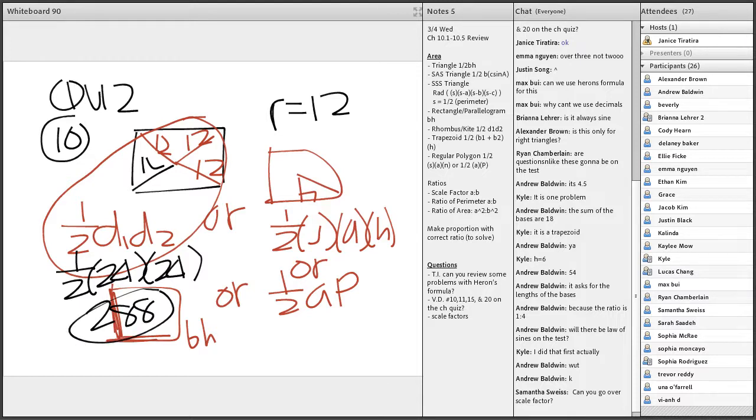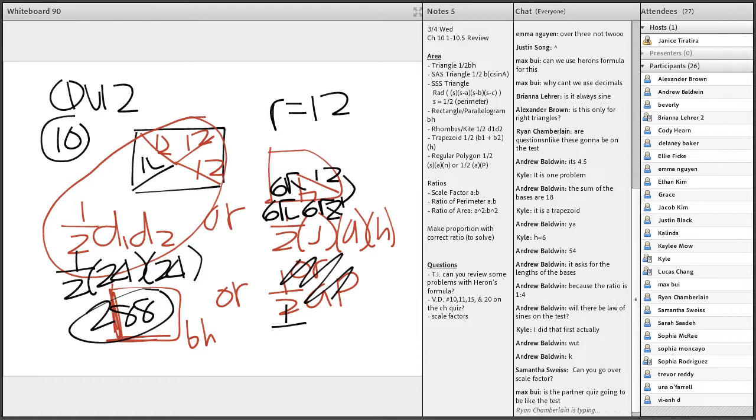Now, if you did the 1/2 ap version, you would have to have gotten these side lengths. The apothem would have been 6 rad 2 because you're dividing by rad 2. Then you would plug it in: 1/2, 12 rad 2 for the side length, 6 rad 2 for your apothem, and 12.